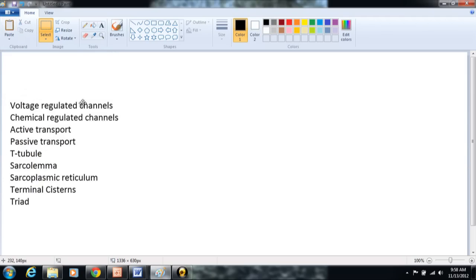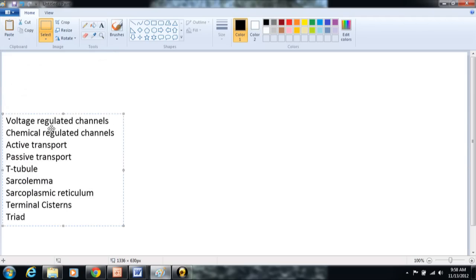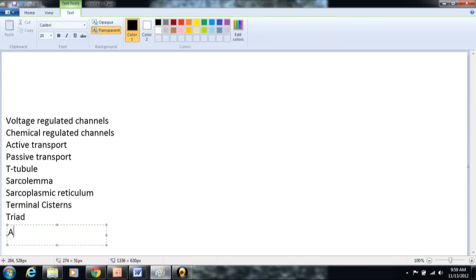Okay, so here's some of the things I asked you to identify: voltage regulated and chemical regulated channels, active and passive transport, and then there's parts of the cells of the neuron and of the muscle cells, the T-tubule, sarcolemma, sarcoplasmic reticulum, terminal cisterns, triad, and also we could add in here your axon terminal, and your vesicles.